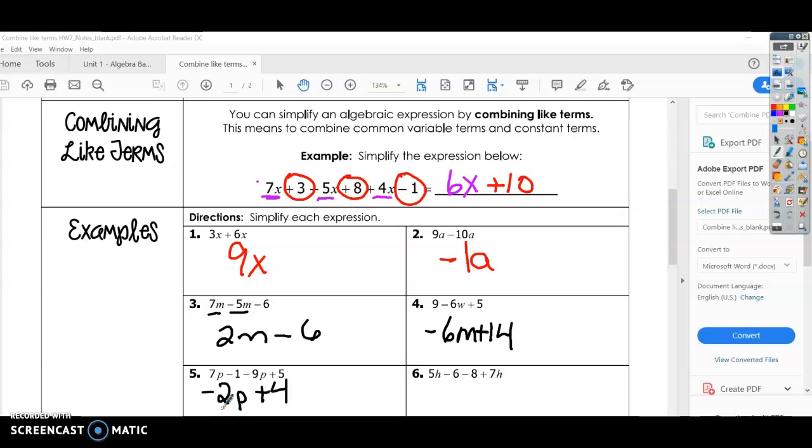Number 6, 5h plus 7h is just 12h's. And then we've got -6 minus 8, so a -6 and a -8. That's like saying I spent $6 at one store, then I spent $8 at another store. So that is a negative number because you spent money twice. So you spent a total of $14.